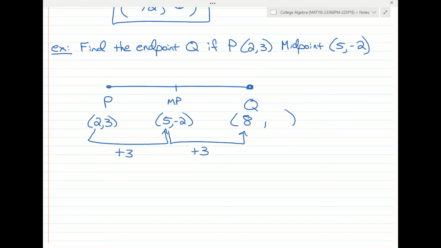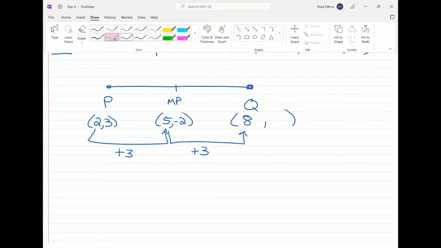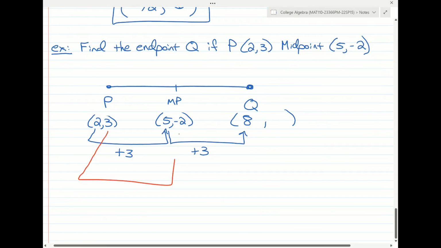To go from 3 to negative 2, you have to do minus 5, right? And then to go from minus 2 to this one, again, we just subtract 5, which would be negative 7.